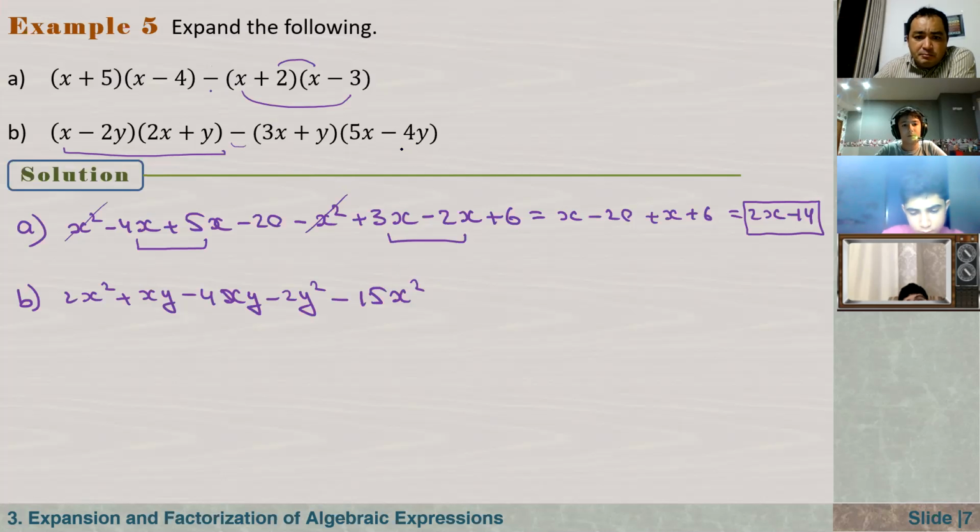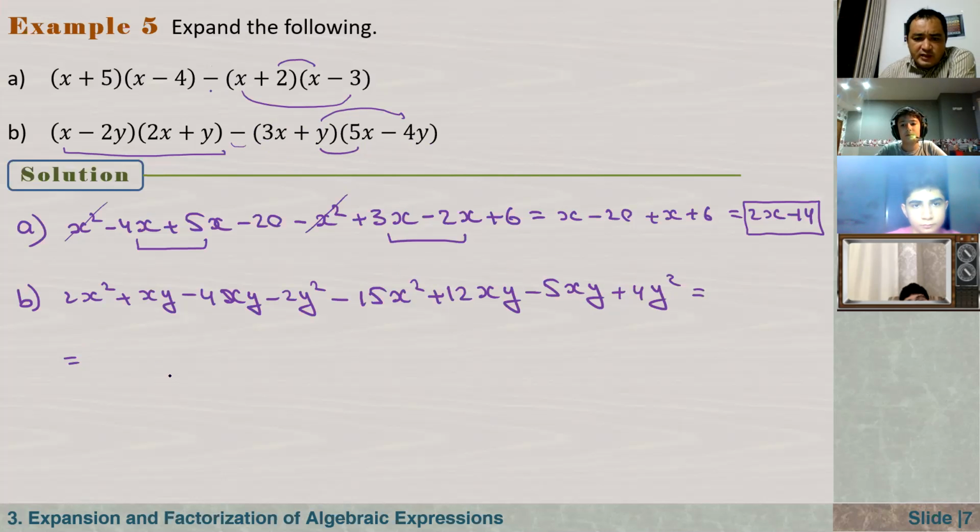And 3x times negative 4y is negative 12xy. Because of this minus, it is plus 12xy. And y times 5x is 5xy. Because of this minus, it is minus 5xy, right? And y times minus 4y is minus 4y squared, and with this minus, it is plus 4y squared.